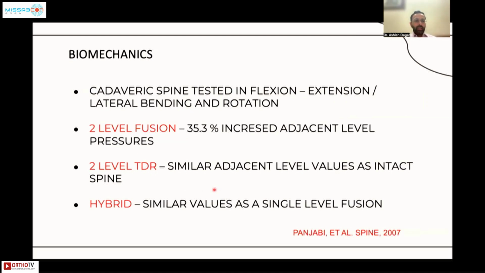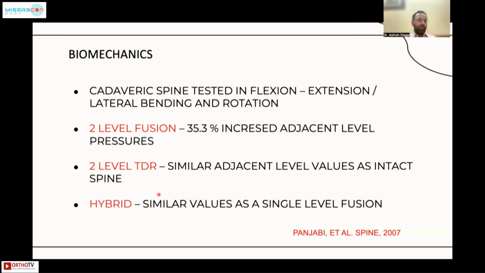Punjabi et al. did a cadaveric study to test the effect of fusion and artificial disc replacement. They did this study in cadaveric spine with flexion extension, lateral bending, and rotational movements. With two-level fusions, they determined that the increase in adjacent level pressure was up to 35% as compared to the normal spine.